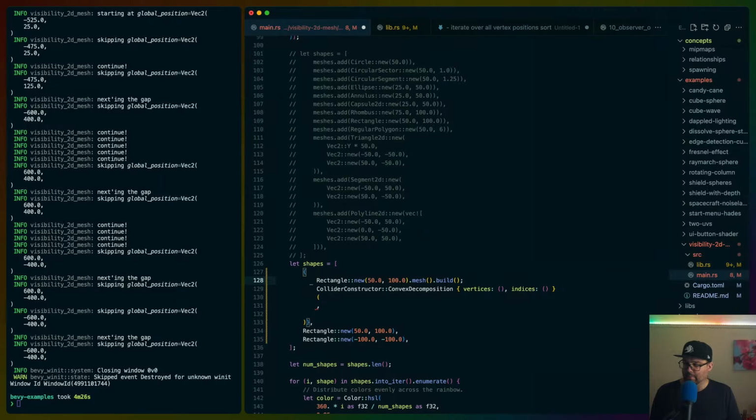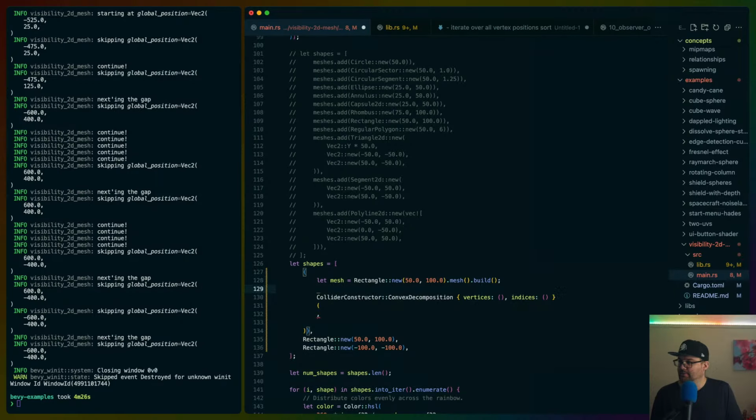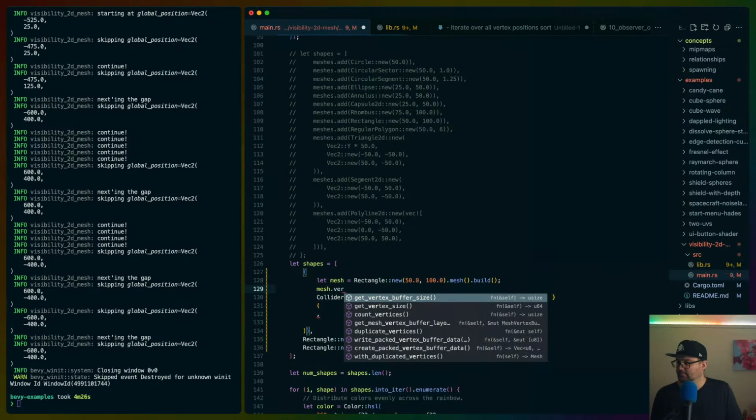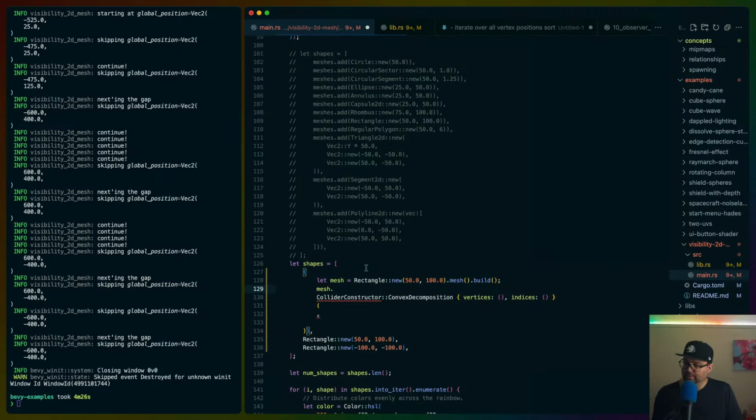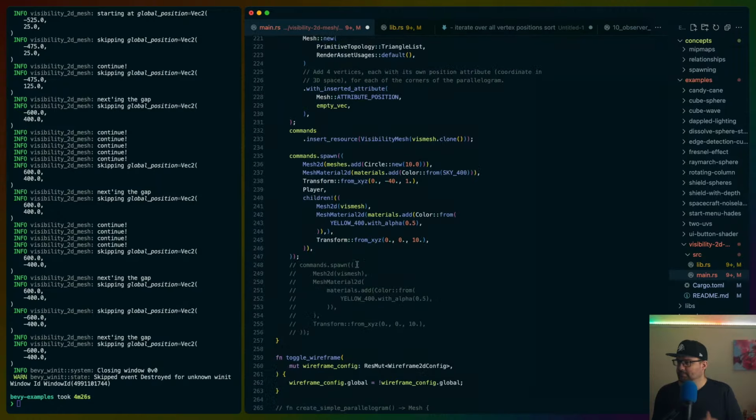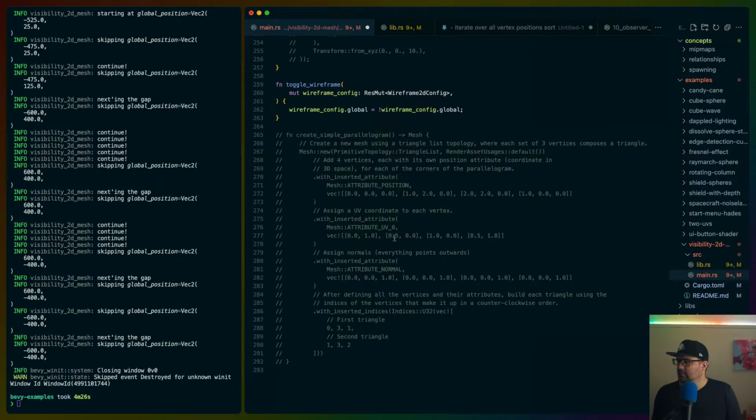So .mesh.build, this is the mesh builder trait, and there's one more that I can't remember the name of. So we have the mesh. We can get the attributes. What do we have? I wanted to see attribute vertices, but we don't have that.